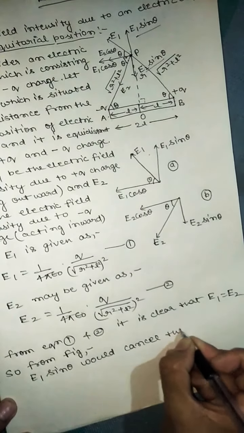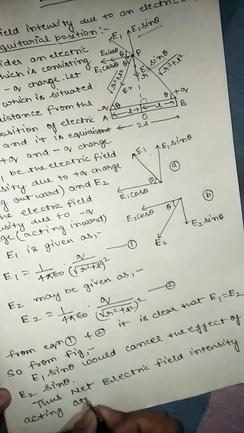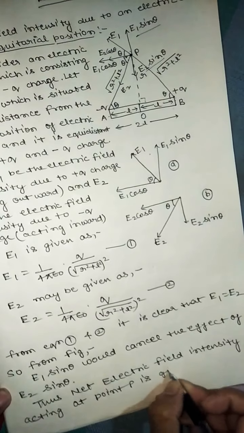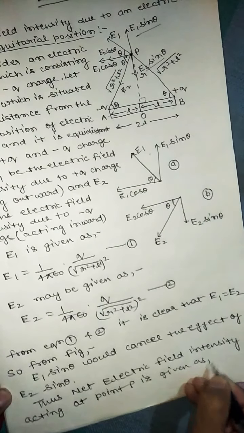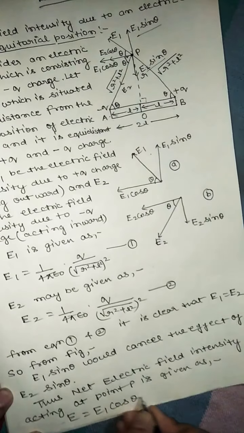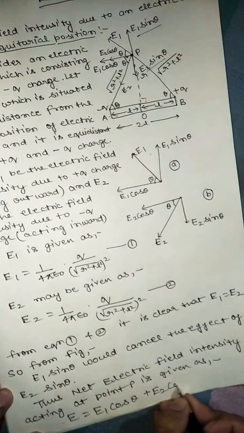Thus, net electric field intensity acting at point P is given as, that is E is equal to E1 cos theta plus E2 cos theta, because both are working in the same direction.